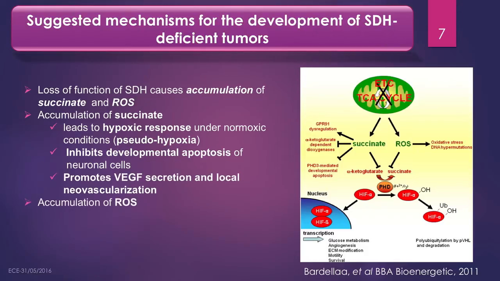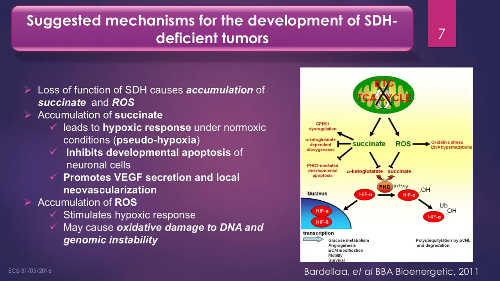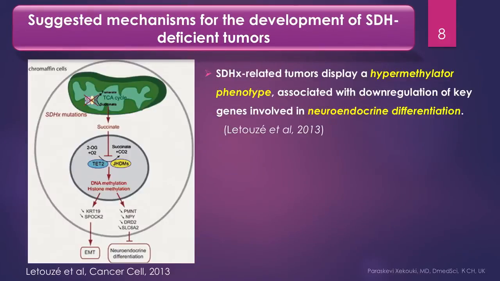Accumulation of reactive oxygen species has also been implicated in tumorigenesis through the hypoxic response, and may also cause oxidative damage to DNA and genomic instability. Other mechanisms are related to epigenetic changes. SDH-related tumors have been shown to display a hypermethylator phenotype associated with downregulation of key genes involved in neuroendocrine differentiation.